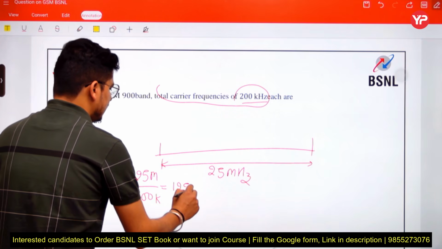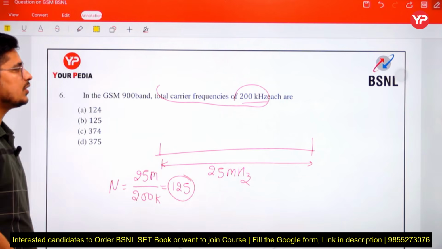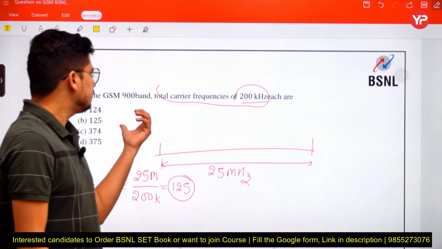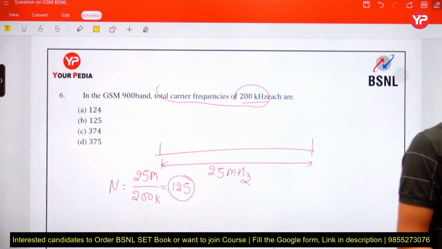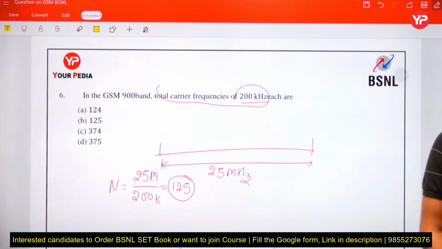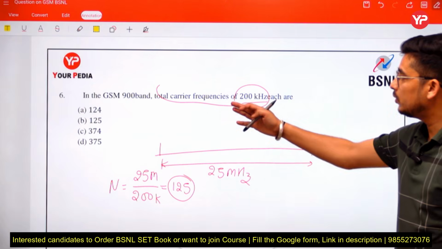When you divide that, it becomes 125. So whenever we are going for the GSM 900 band, we are having a total of 125 carriers, but he's talking about the total carriers.